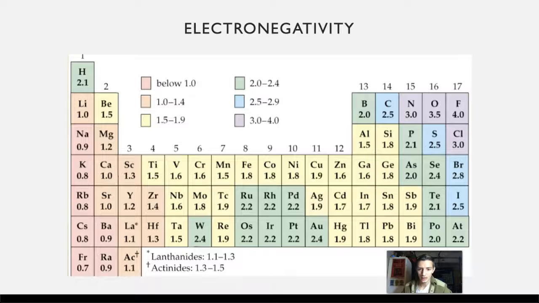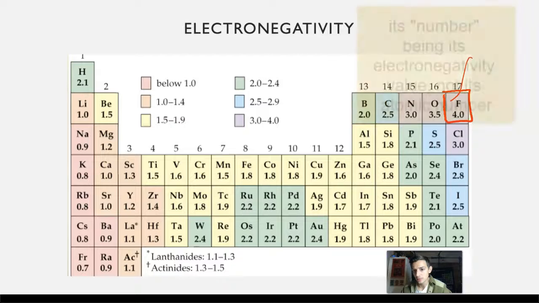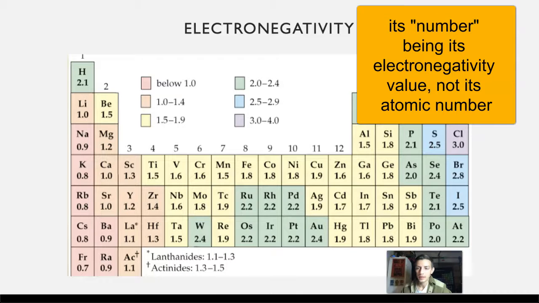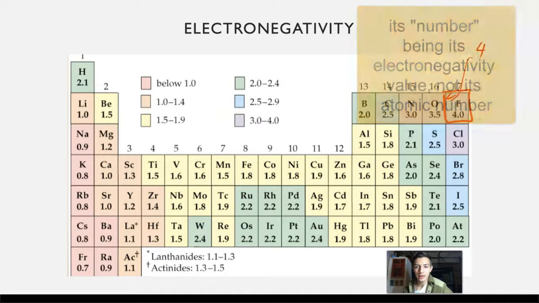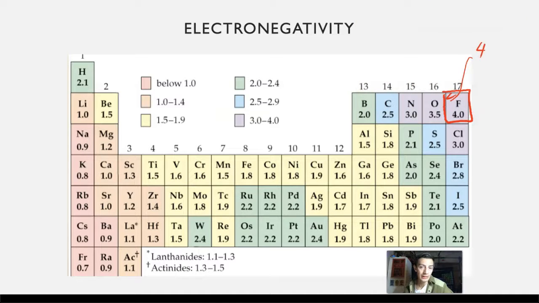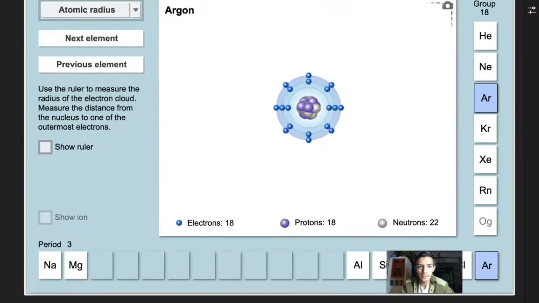Here is a couple better ways of visualizing this. The most electronegative atom, as I said, is fluorine. So that's the most electronegative element, and its number is the number 4. Okay, you might remember this from doing a gizmo, and in that gizmo we had a property called electron affinity, and in this case I'll show that to you briefly.